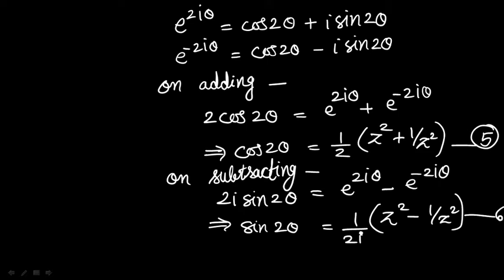This is equation number 6. In this way, we can find cos 3 theta directly, 1 by 2 into z cube plus 1 by z cube, and so on.